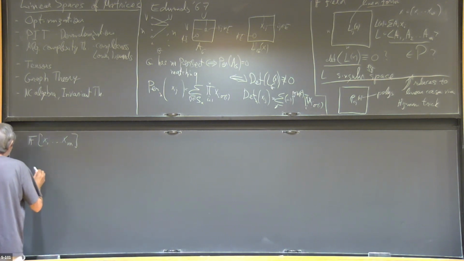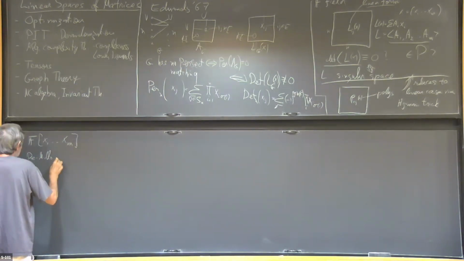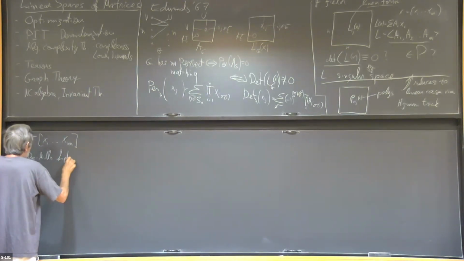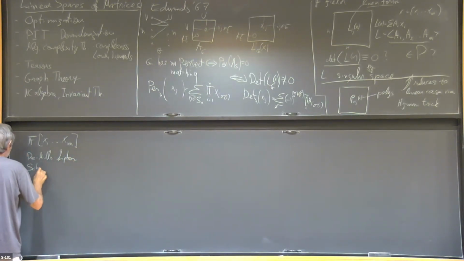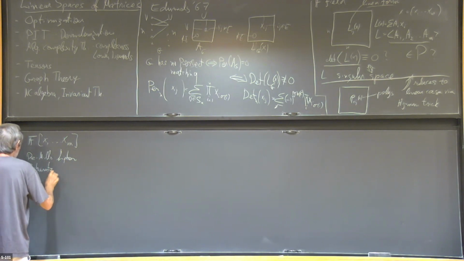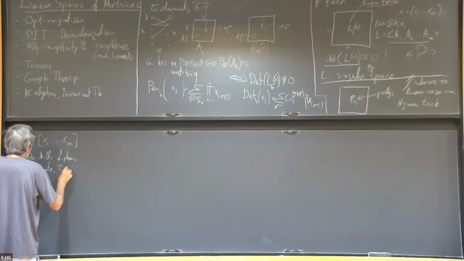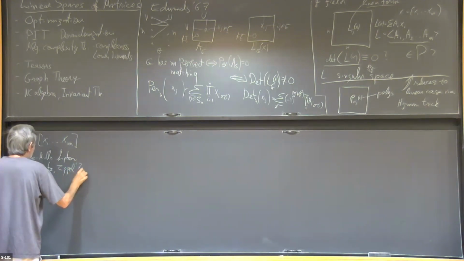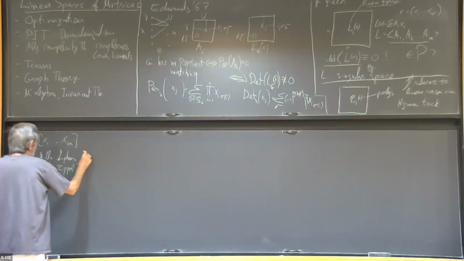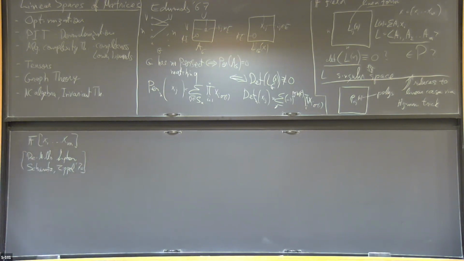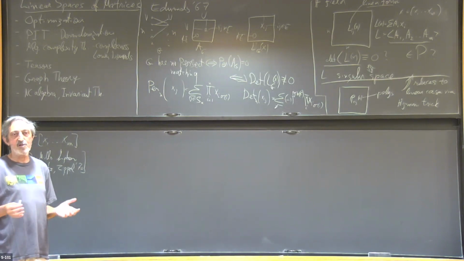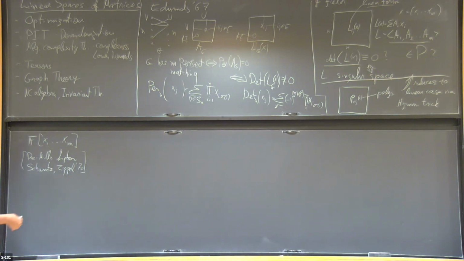In computer science, it is usually attributed to DeMillo, Lipton, Schwartz, Zippel from the 70s. But mathematicians discovered this long before in various forms. The basic message of this theorem is that if an algebraic variety is not the whole space, then its measure is zero. That's a quantitative version of this.